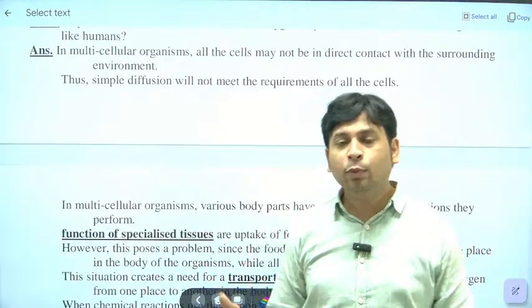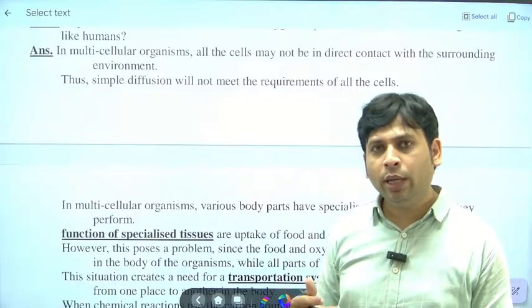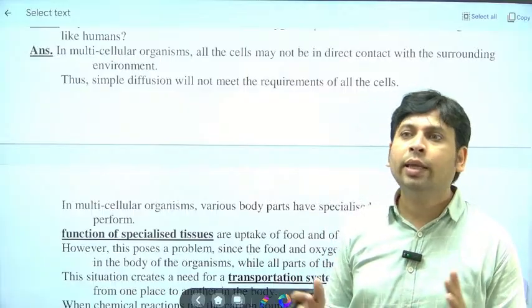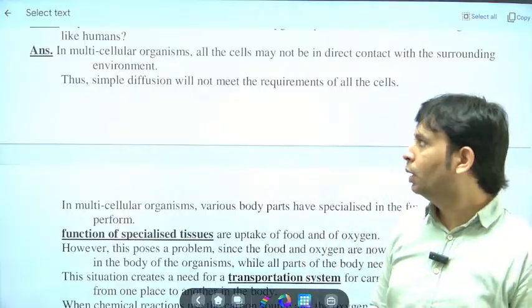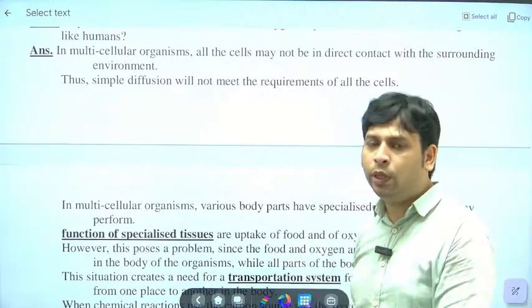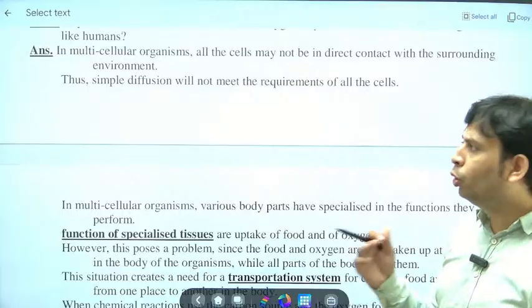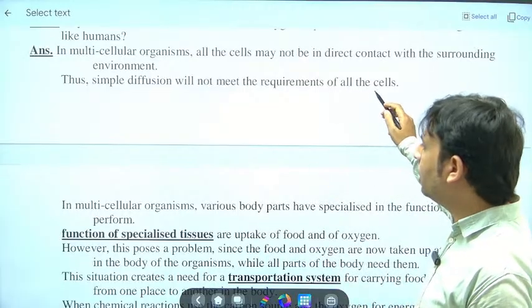So by diffusion alone, every cell of our body, especially inside the body, cannot exchange gases, or if they do by diffusion, it will take a lot of time. Thus simple diffusion will not meet the requirement of all the cells.